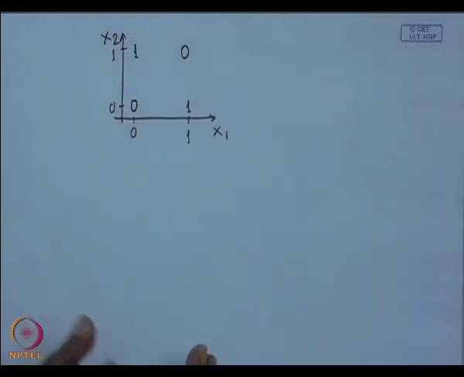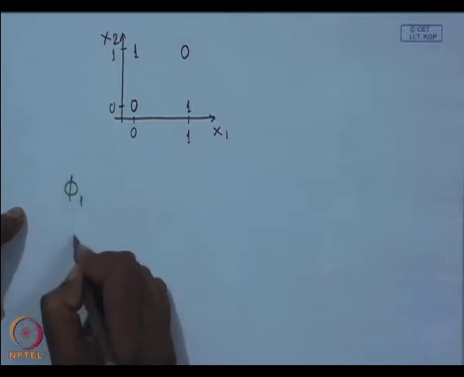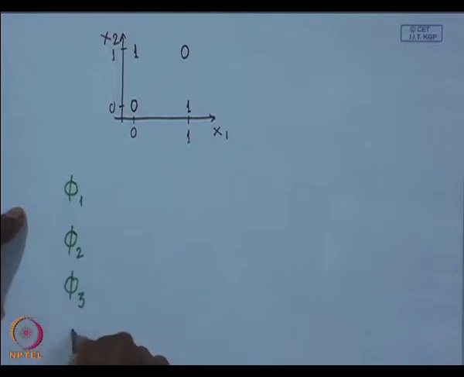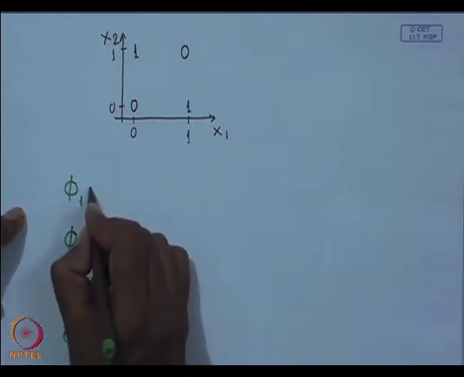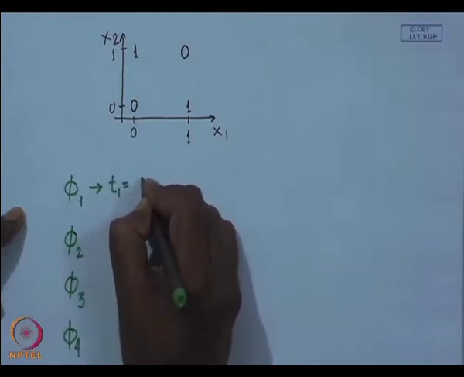So, you find that here I have 2-dimensional binary feature vectors, and I want to cast this 2-dimensional feature vector into a 4-dimensional space by using 4 radial basis functions. So, I have the radial basis functions phi 1, phi 2, phi 3 and phi 4. For phi 1, I choose T 1 equal to say 0 0.